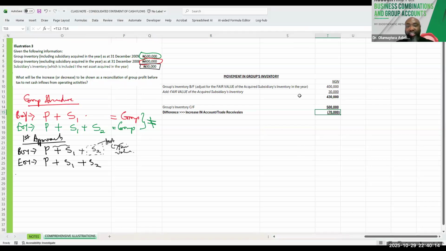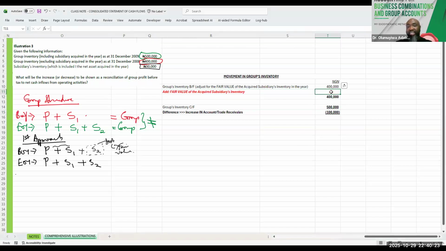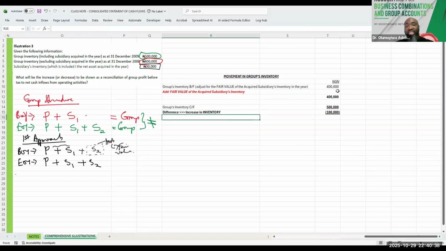If we had not adjusted for this 30, you would have wrongly believed that the increase in inventory was 100, whereas it is not true. Why?